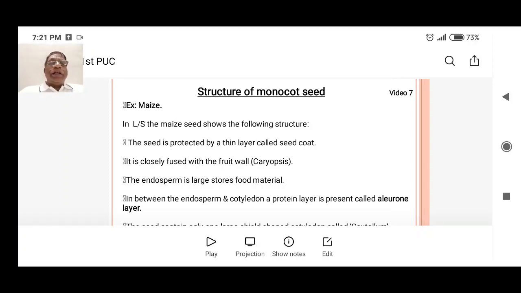Now let us study the structure of the maize seed. If we take a longitudinal section of the maize seed and examine it, it shows the following details of the structure. It is covered by the fruit wall, actually.